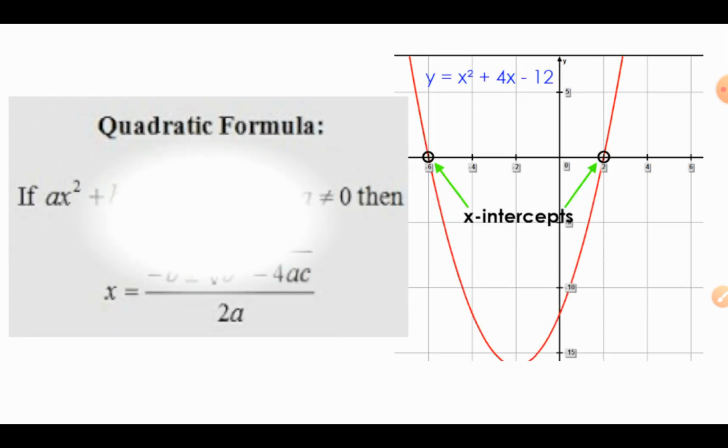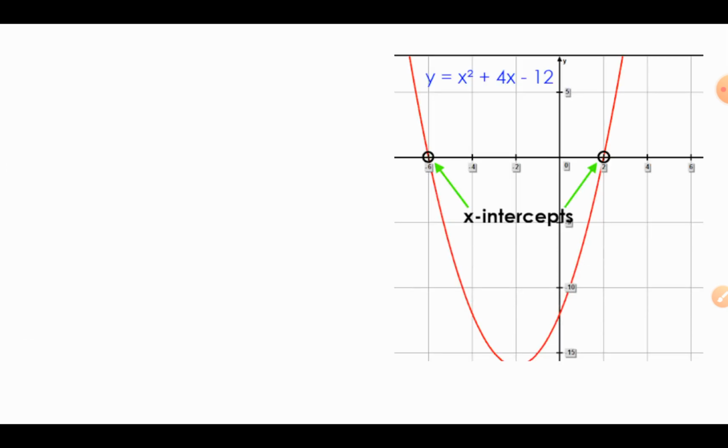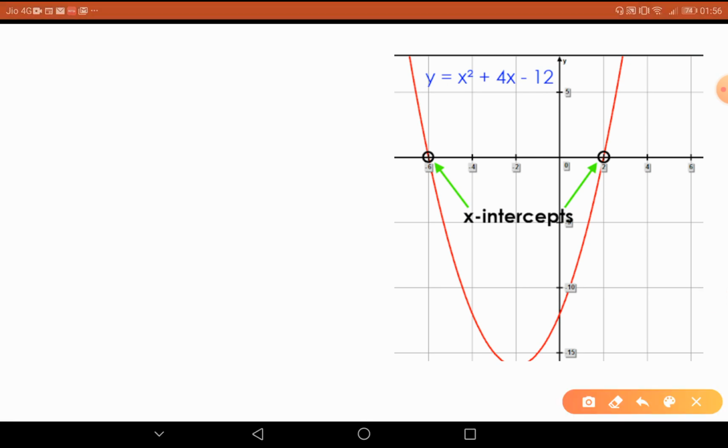Going forward, before going into further tricks, I should first explain the base of these quadratic equations. As you can see, this is the graph of x square plus 4x minus 12. Since it is x square, there will be 2 roots. If it is x cube, then there will be 3 roots, and similarly the number of roots is the power that x holds.